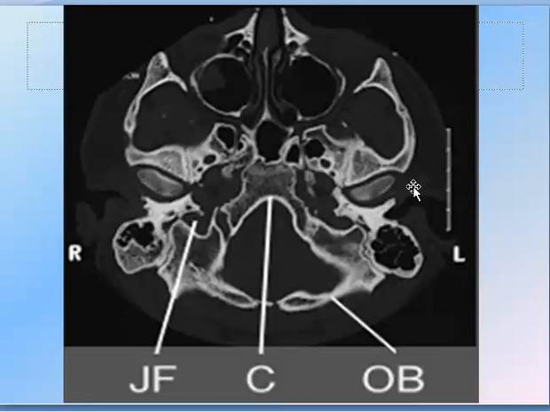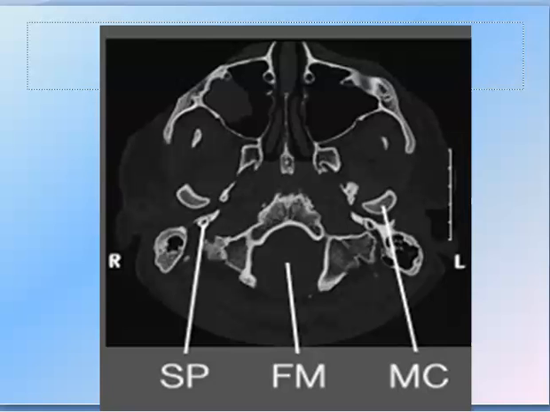So what is this? Occipital bone, this is the clivus, and this is the jugular foramen. So you have jugular foramen, clivus, and occipital bone. So what is this?